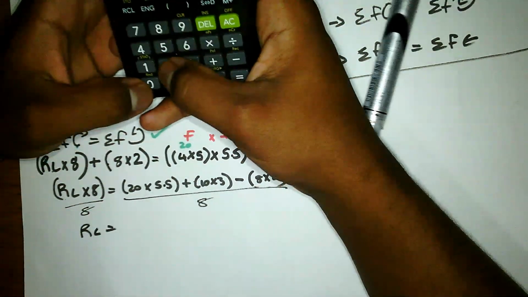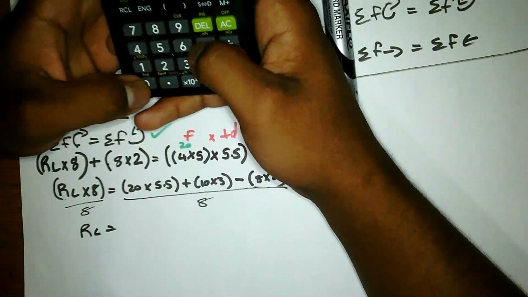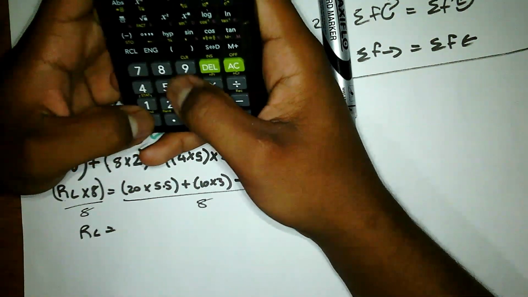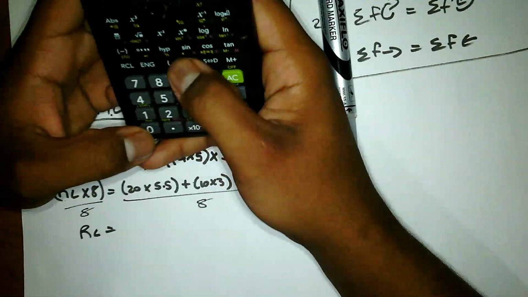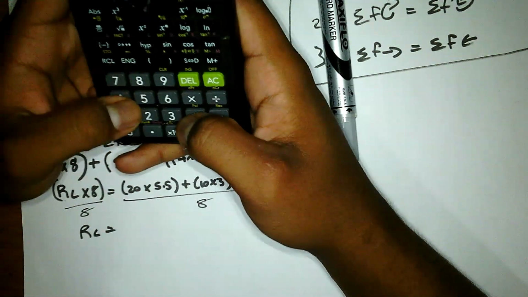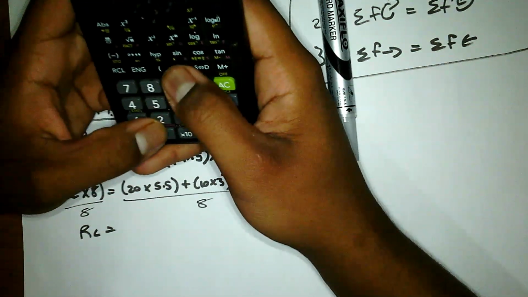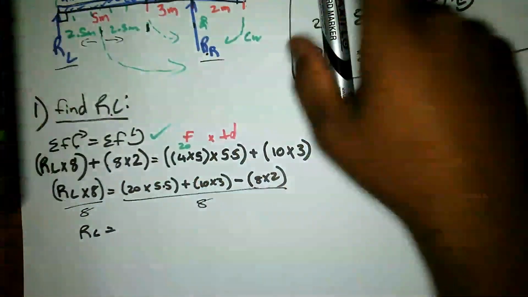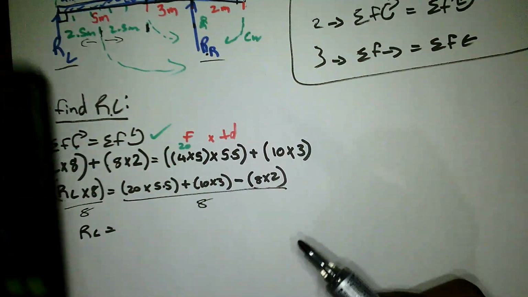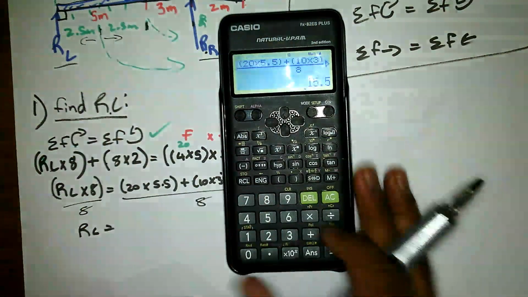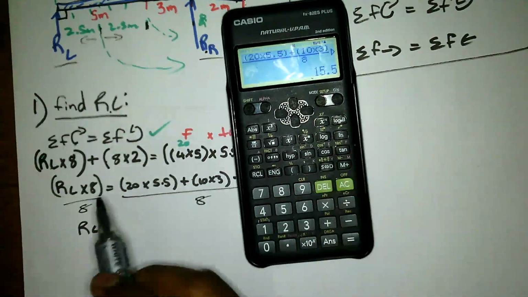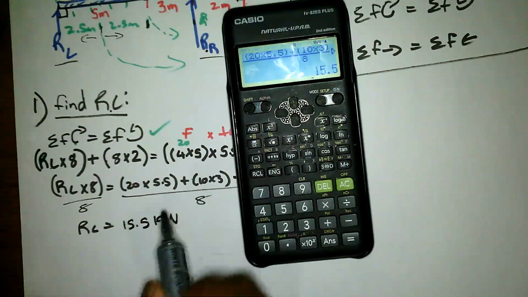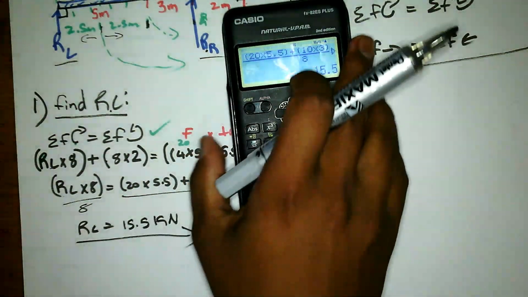We keep all our brackets: 20 times 5.5 plus bracket 10 times 3 minus bracket 8 times 2, all divided by 8. And then we are left with 15.5 kilonewtons.